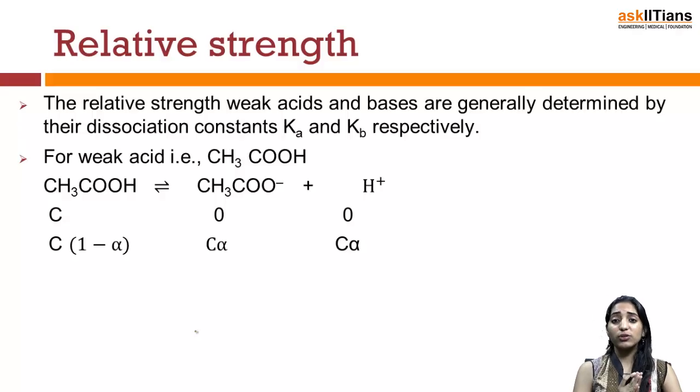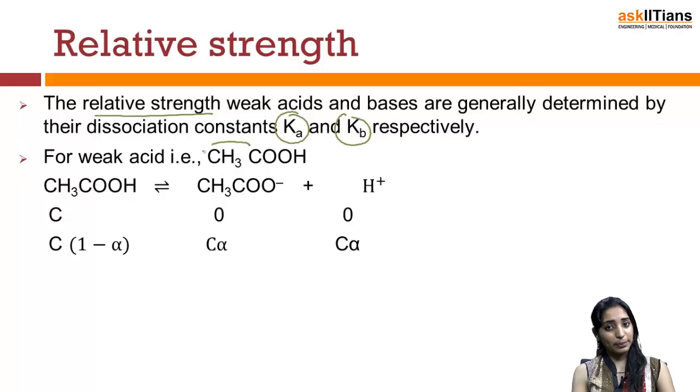These are the two terms which will be very useful for us to determine the relative strength of acids and bases. So the relative strength of weak acids and weak bases is generally determined by their dissociation constants Ka and Kb respectively.